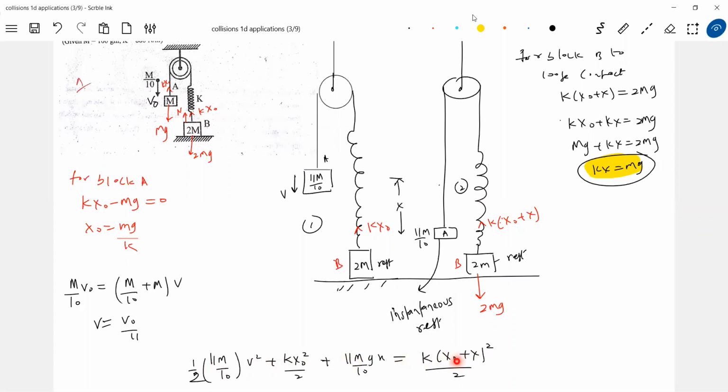This will be a sufficient form. So now we know x is mg by k. We know x naught. Substitute here, you'll get value of v. That value of v substitute, you'll get the required answer v naught. What is x here? Mg by k. X naught is mg by k. X is also mg by k.